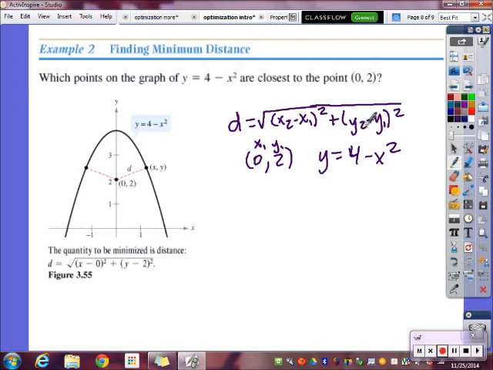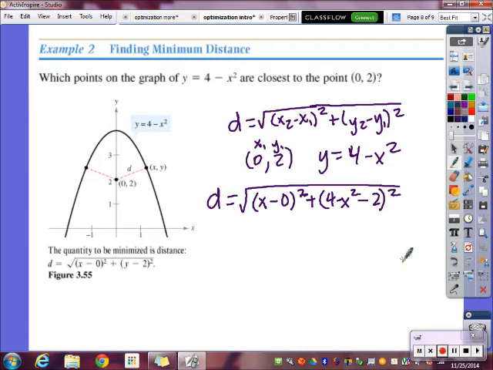When I plug everything in, I get distance equals the square root of (x2, which in this case is just x, whatever my x value is, minus x1) all squared plus (y2, which is this equation, minus y1, which is 2) all squared.